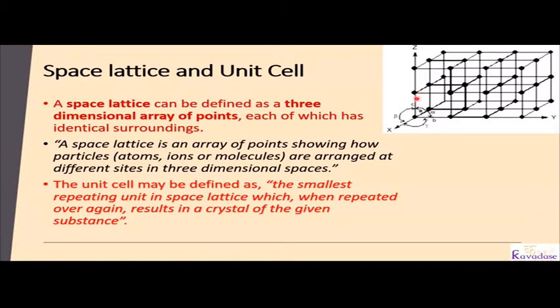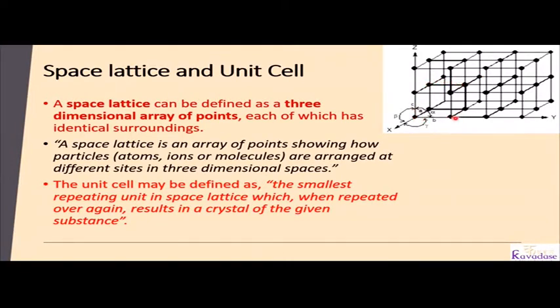And if you can see this cube, you will see this cube is repeating multiple times here. So if I draw this cube and repeat it multiple times, or make the pattern of this cube, then I will get this space lattice. This is known as a unit cell.